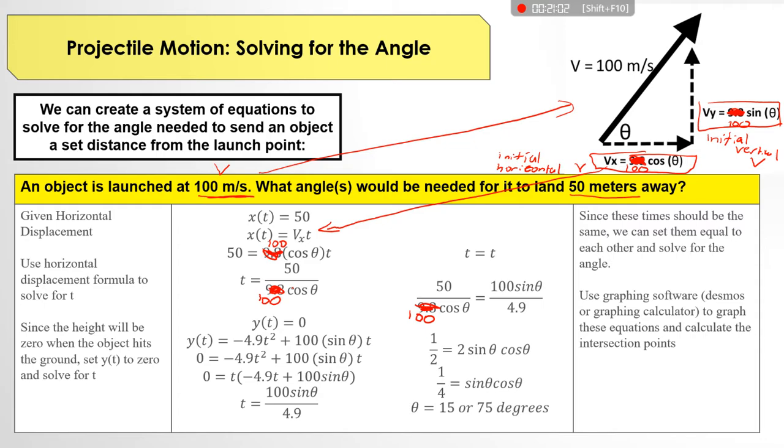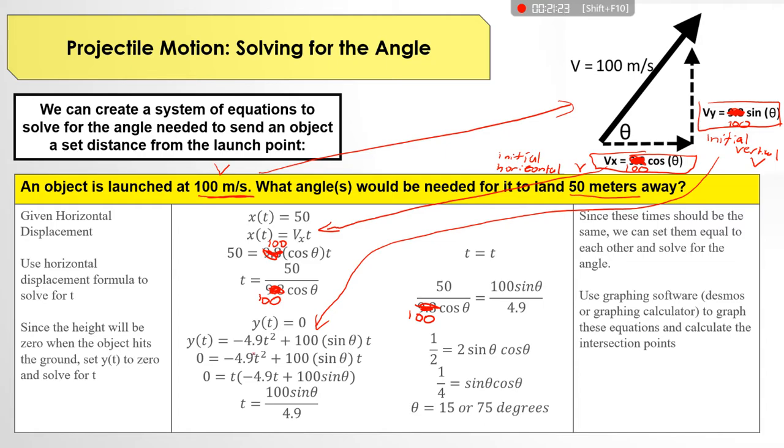I'm also going to use my vertical distance equation. When we hit the ground, my vertical distance would be 0. My vertical velocity initially was 100 sine theta, so I can substitute that in. So my initial vertical velocity will go here. Okay, then I can use that to solve for time as well.